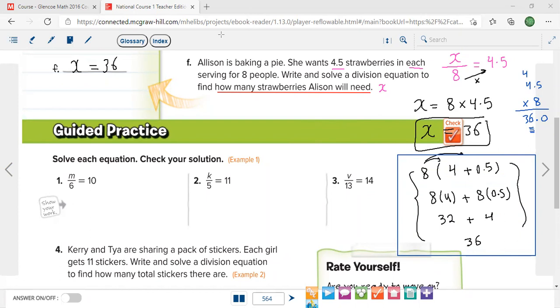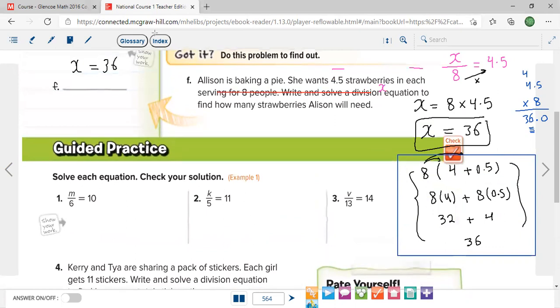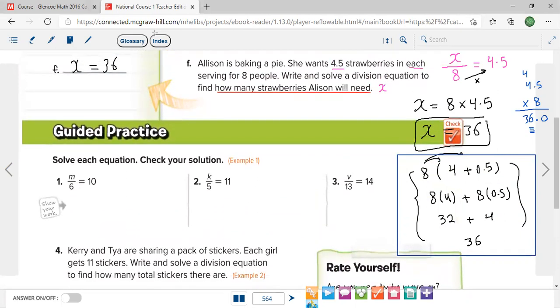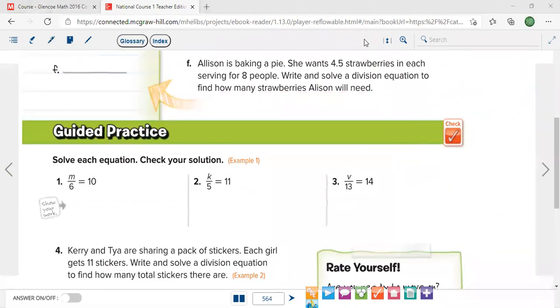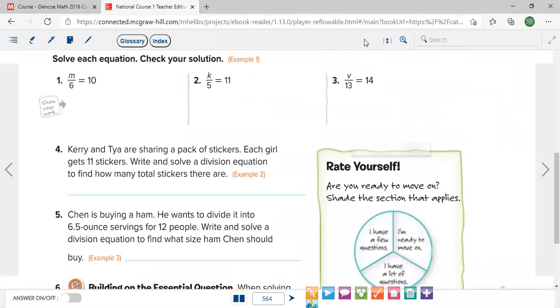Now the guided practice. In the guided practice, problem number 1, m over 6 equals 10, so just multiply.